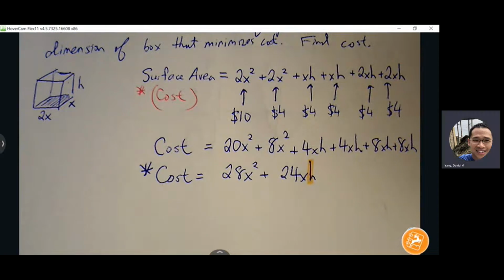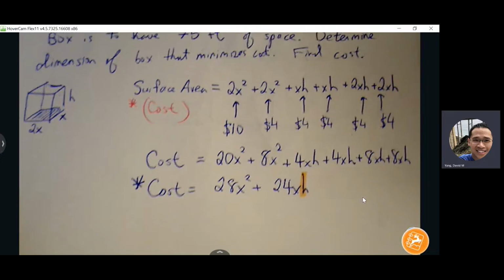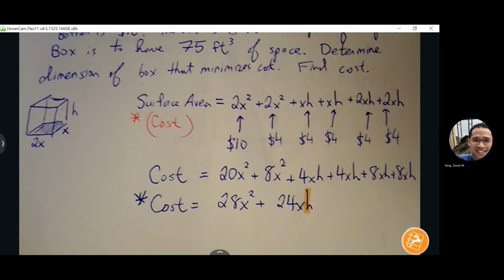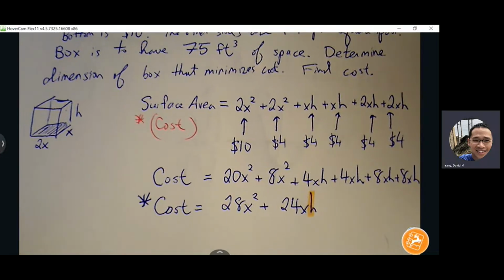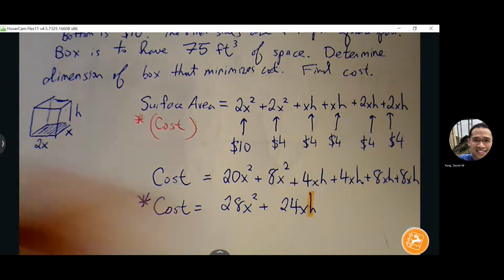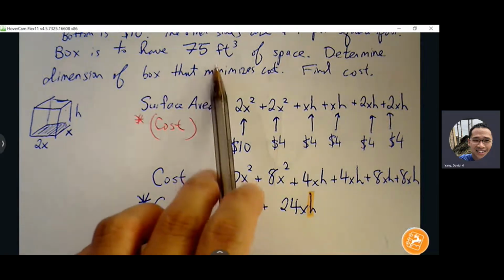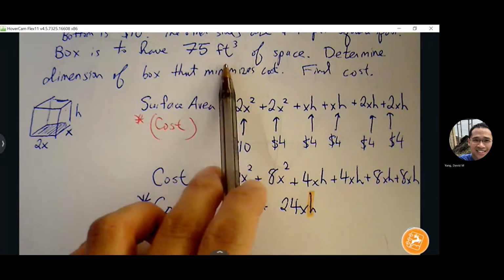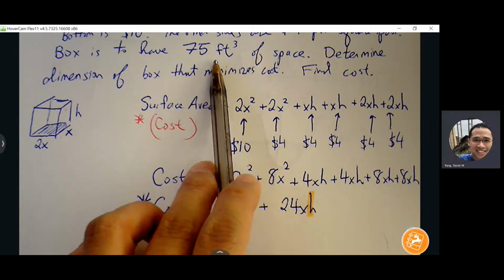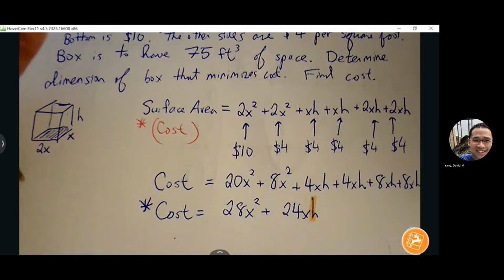So what we're going to do is create a secondary equation. What secondary equation do we have that can help us build or replace this h? What information is given? Volume.